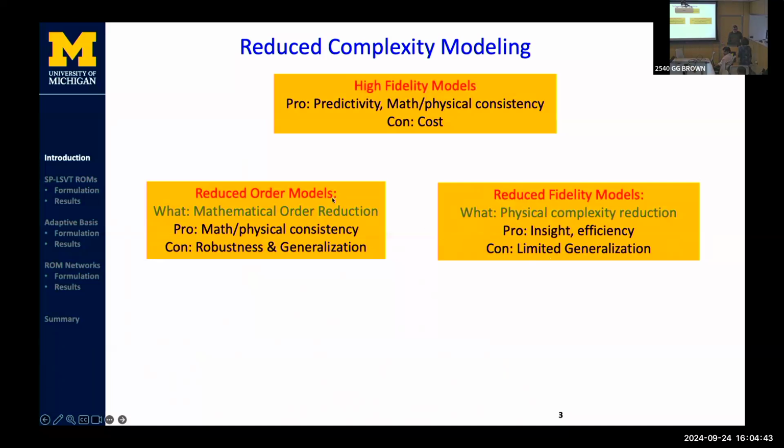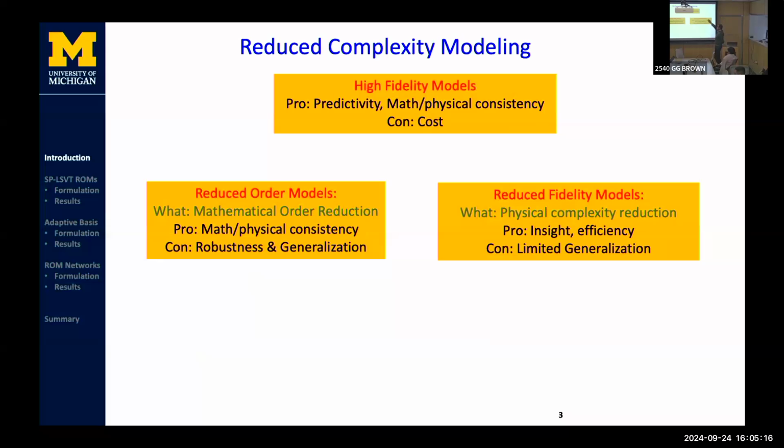All right. So you can reduce complexity by doing a mathematical order reduction, which is having these complex equations, but solving them on a lower dimensional manifold, which is the approach that we're going to take. The other approach is what I call reduced fidelity, where you can take your governing equations and simplify certain terms, or maybe you can say I can ignore radiation, I can make an axisymmetric approximation.